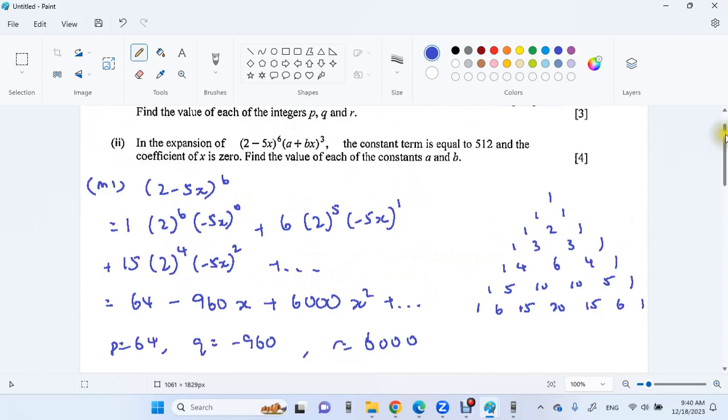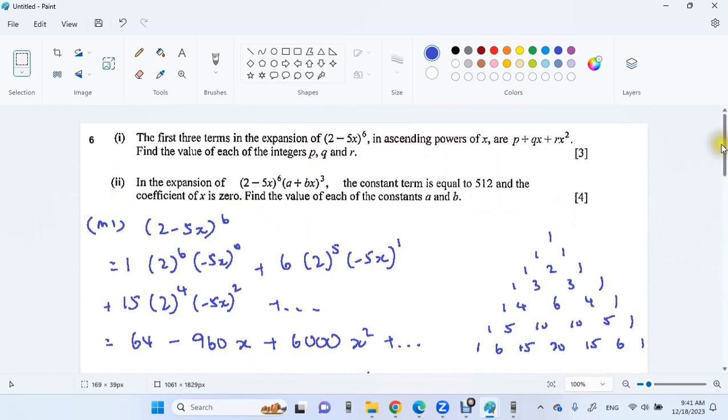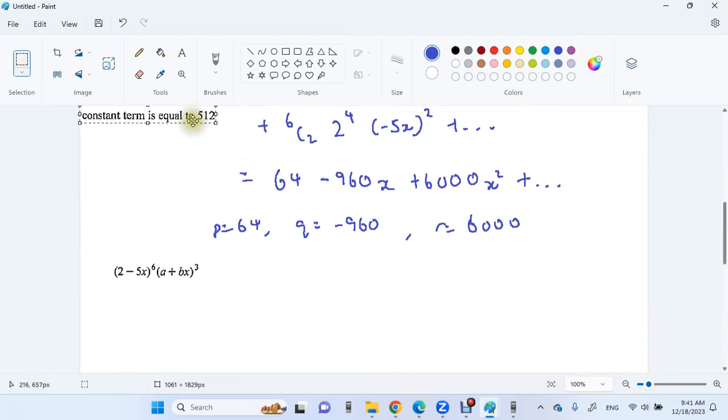Okay. So for this one, in the expansion of 64 plus ... (a plus bx) to the power 3, oh, this is not easy. The constant term is 512.